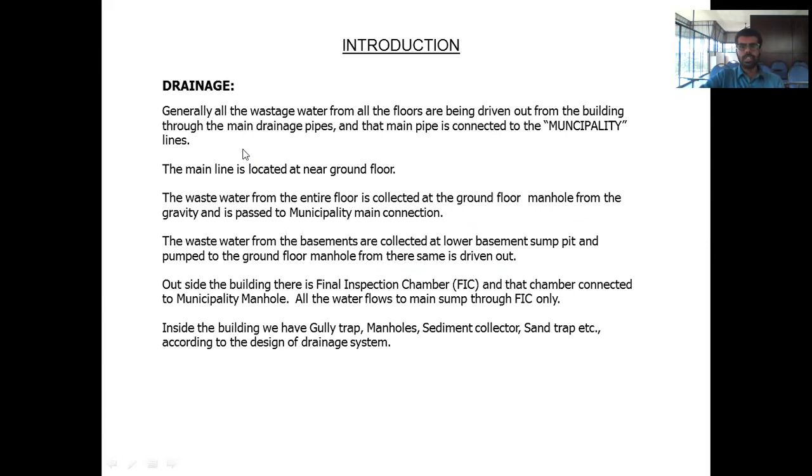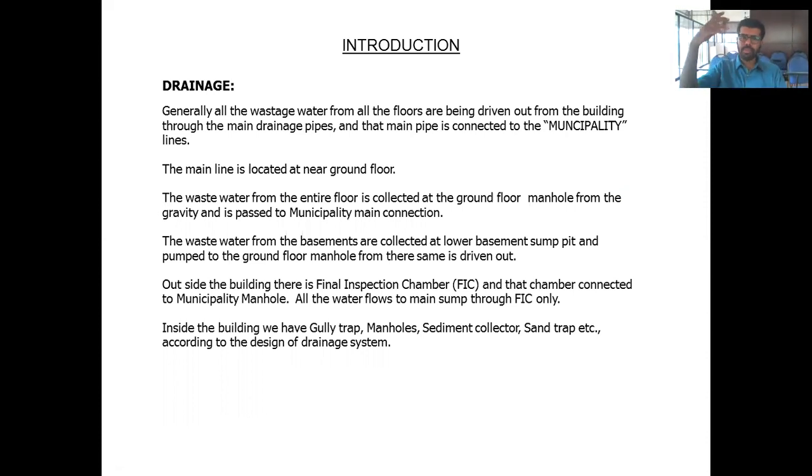Generally, all the wastewater from all the floors is driven out from the building through the main drainage pipes, and the main pipe is connected to the municipality lines. In cities and towns, where people mostly live, when we give supply, automatically there will be drainage.